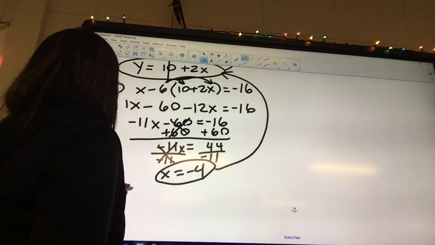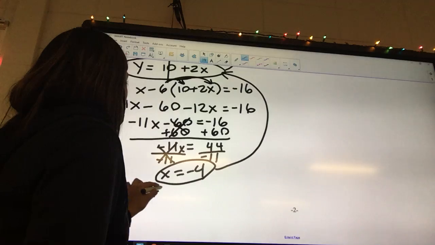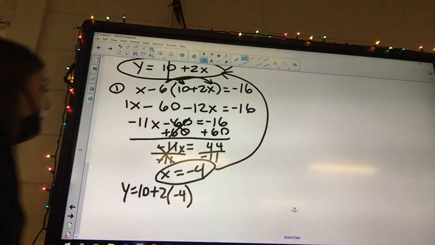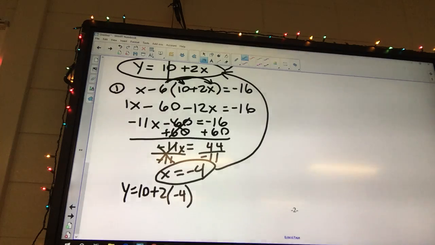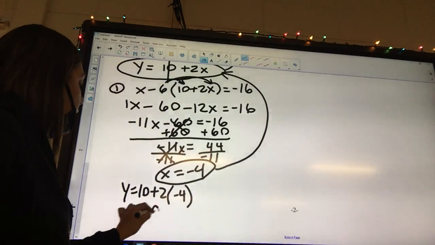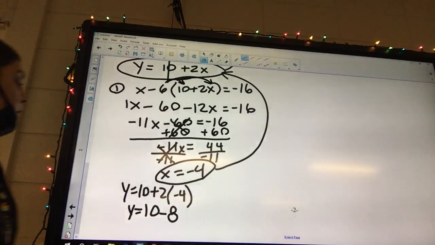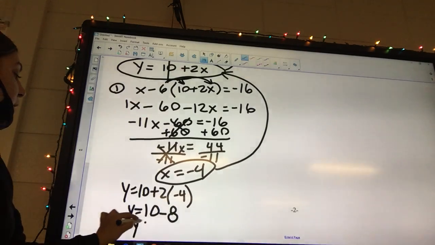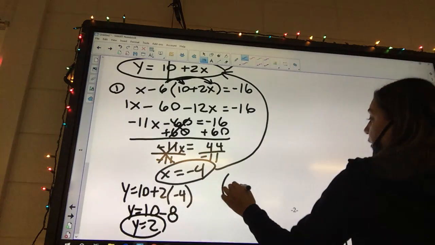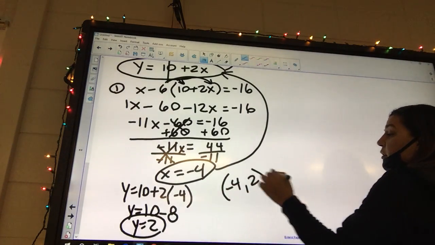So I got y equals 10 plus 2, and instead of x, I'm using negative 4. 10 minus 8 is 2, so y equals 2. So our final answer is going to be negative 4, 2.